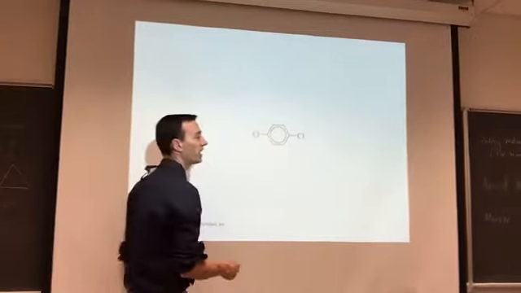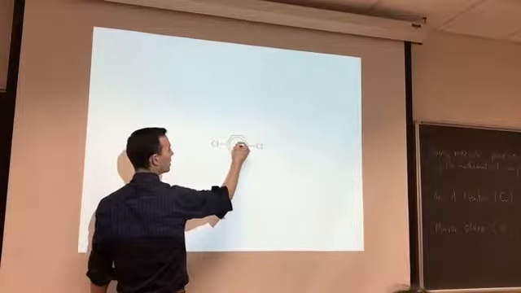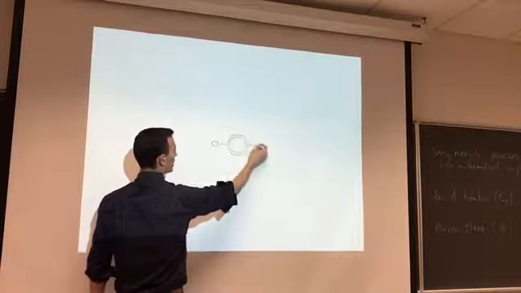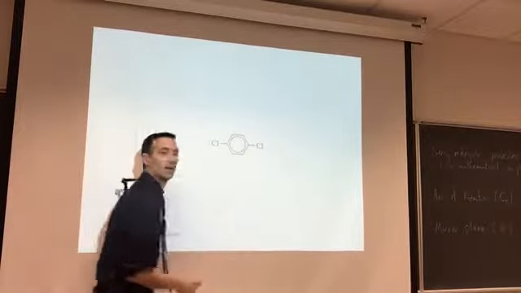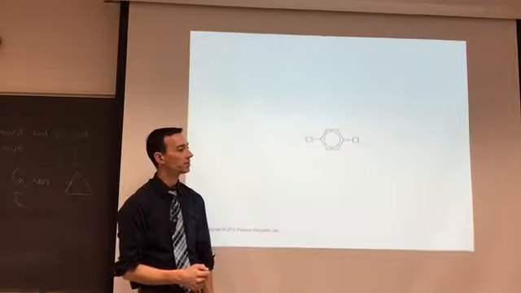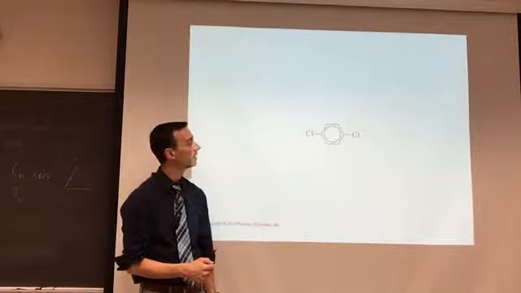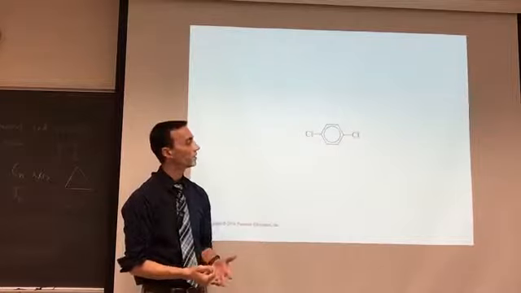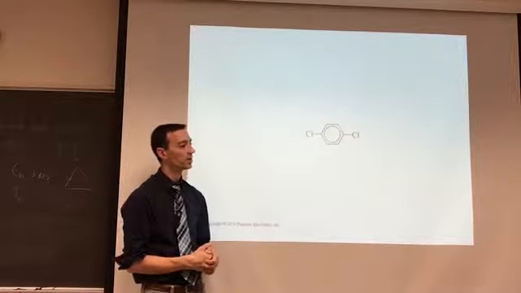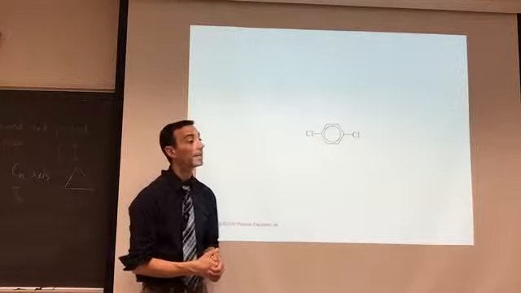This has a center of inversion, okay? Because every atom is across, equidistant, from another one. Okay, this is an increasing amount of symmetry in this molecule here. Right? So there's a fair number of symmetry elements that are present in this molecule. What was the last one you said it has? The center of inversion.